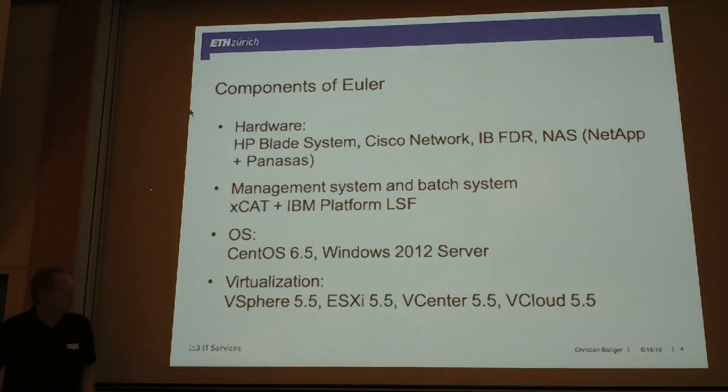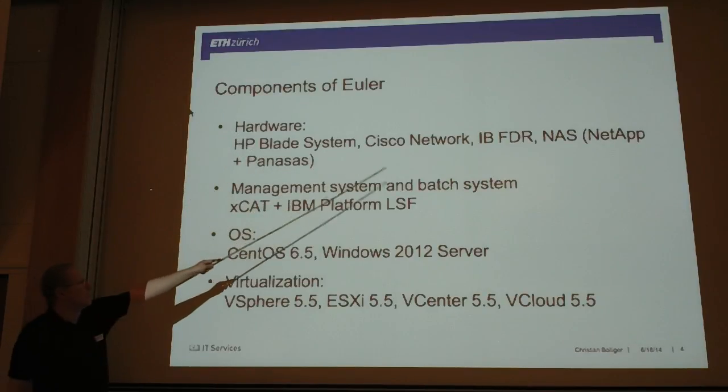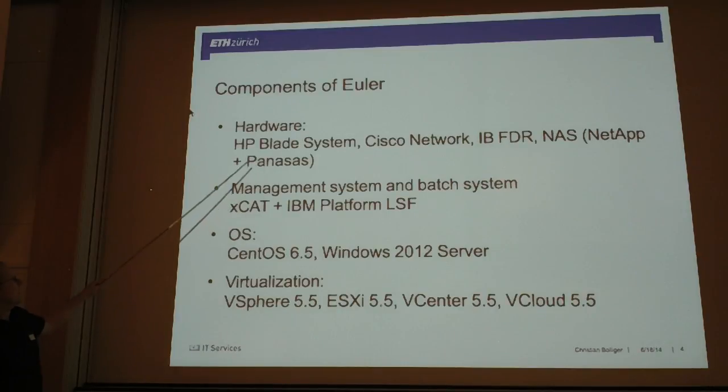So back to the hardware. The main components, if you break that down from what we've seen just above in the second slide, is this hardware with HP blade system, Cisco network. This will be looked at a bit closer. As well, as management system, we have xCAT. I will go into xCAT in a few minutes.